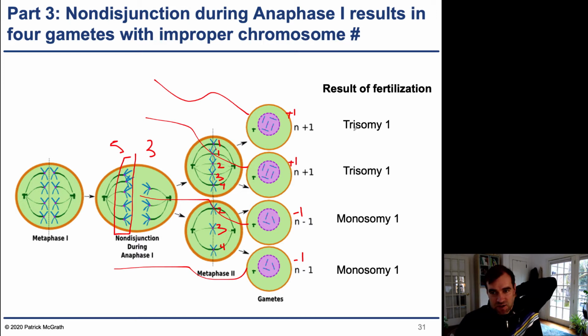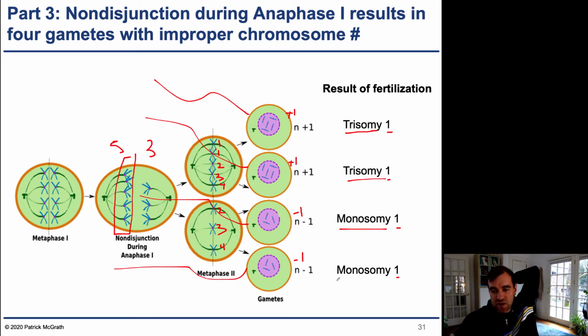As a result, you would have 3 copies of chromosome 1 for these, and 1 copy of chromosome 1 for these. This would have 2 copies of chromosome 1 from the father, 1 copy from the mother, and if you added it all up, you would get 3. This would have 0 from the father, 1 from the mother, and so if you added it all up, you would get 1. So this inspires the definition of trisomy and monosomy.